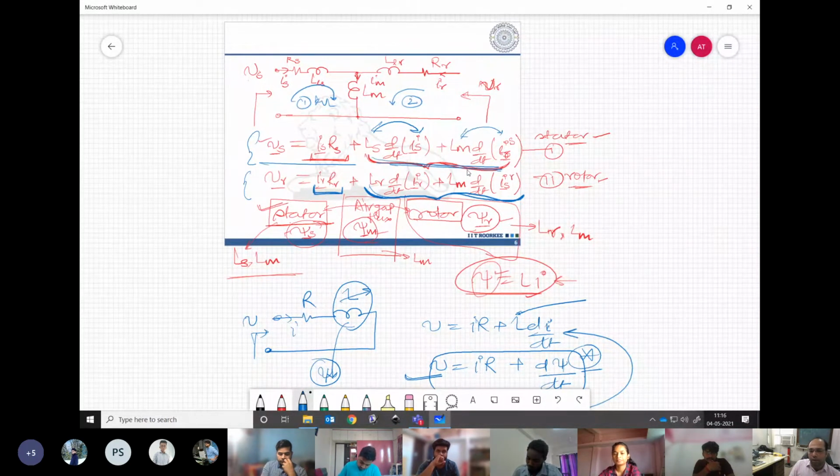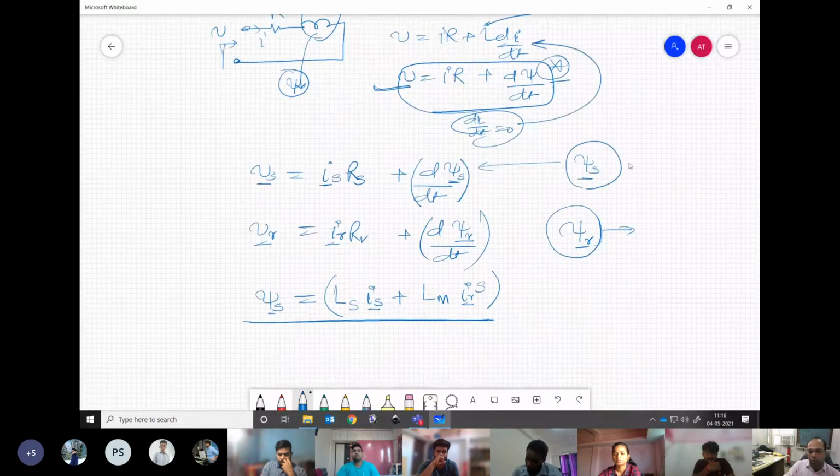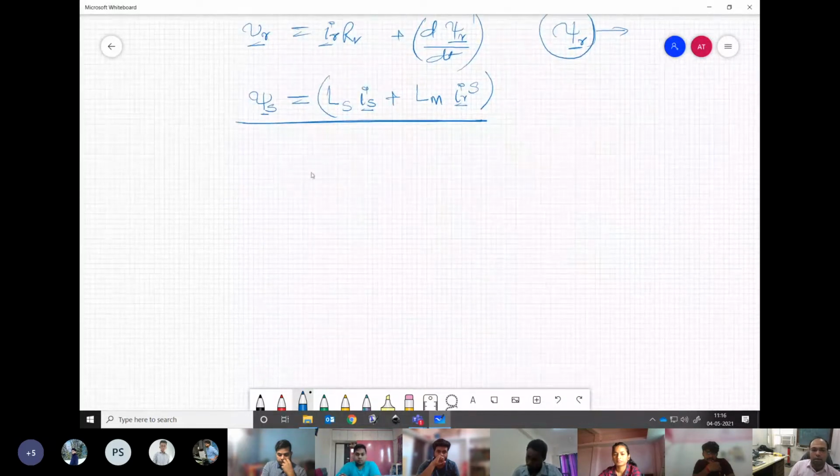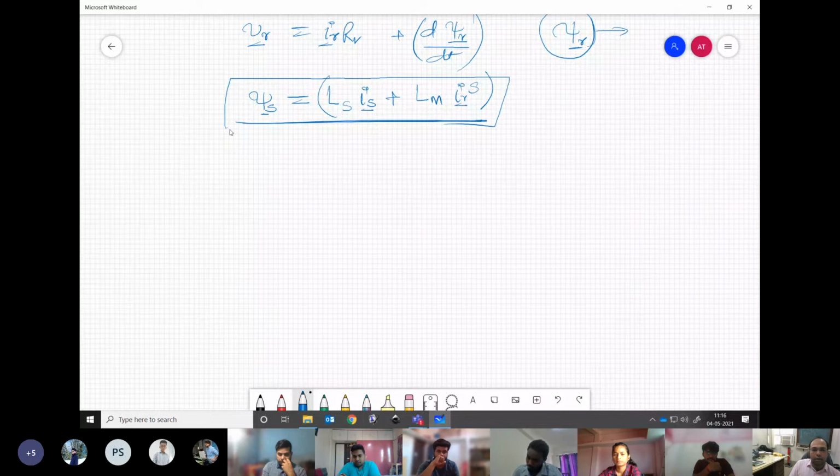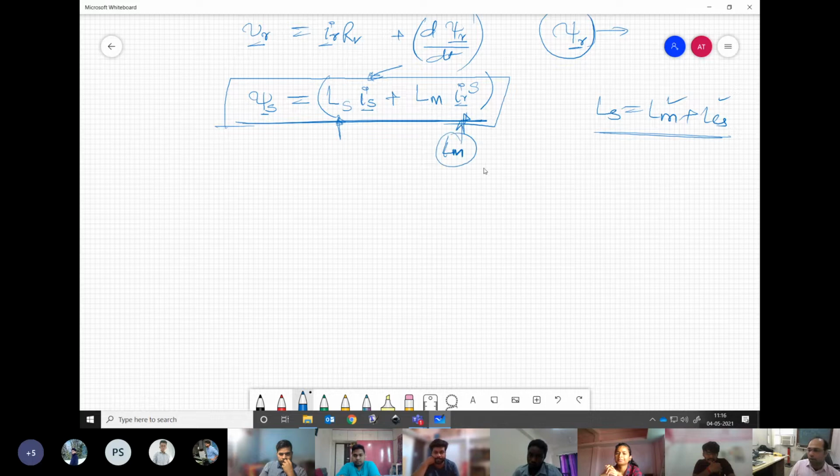So our flux term is the combination of the two, which can be written like this. What it says is that the stator current is associated with the total stator inductance Ls. Ls is Lm plus LLS. So the stator current is associated with both the inductances, whereas the rotor current is only associated with Lm, the magnetizing inductance, what is common between the two. Understanding the difference here? This is what is defined as our stator flux.